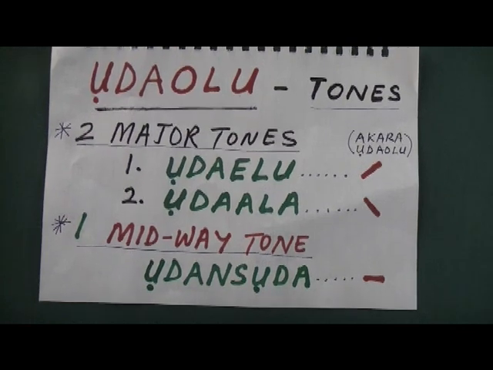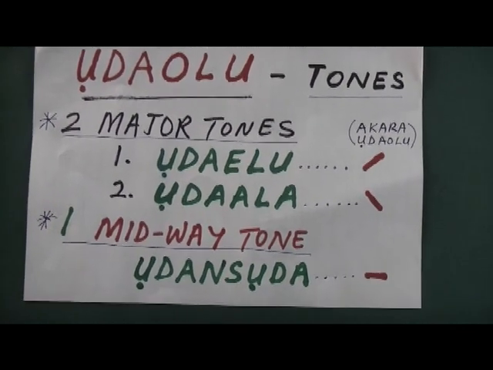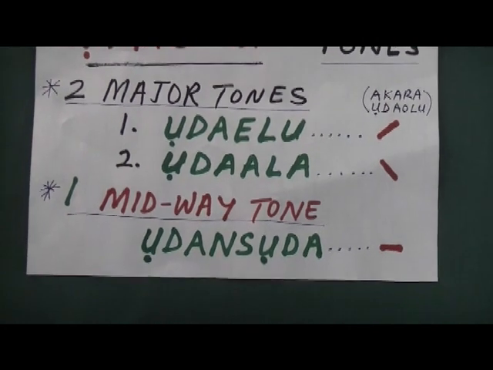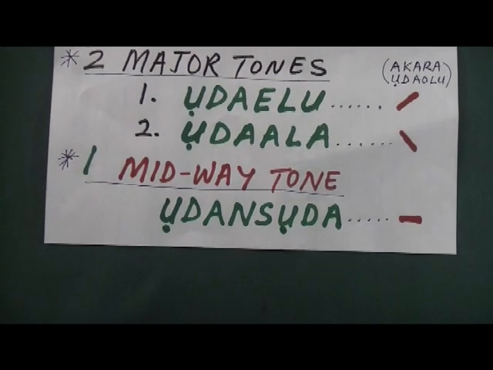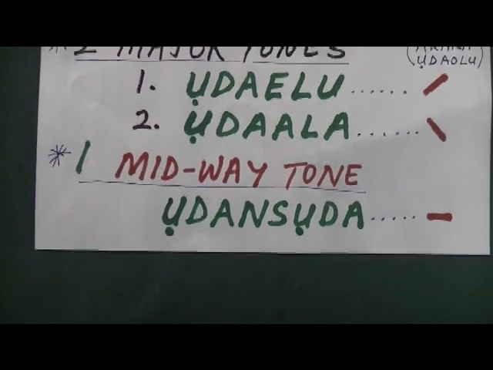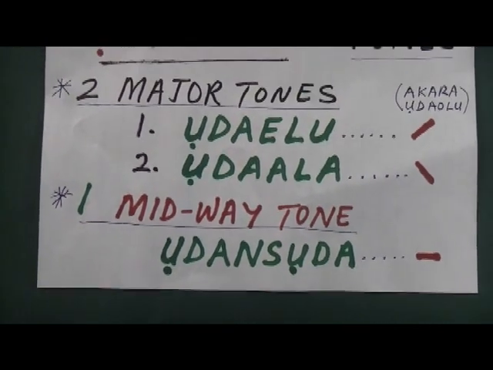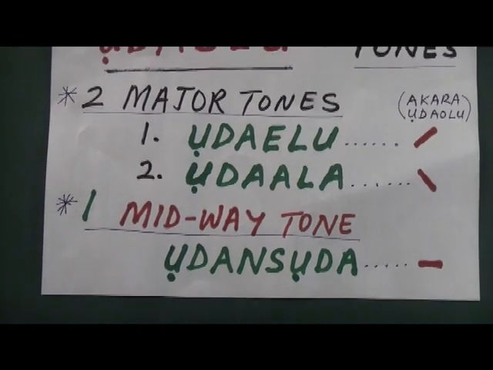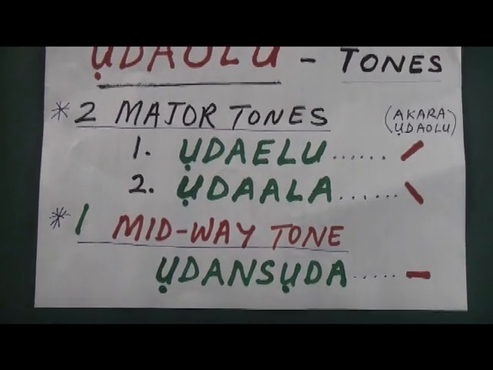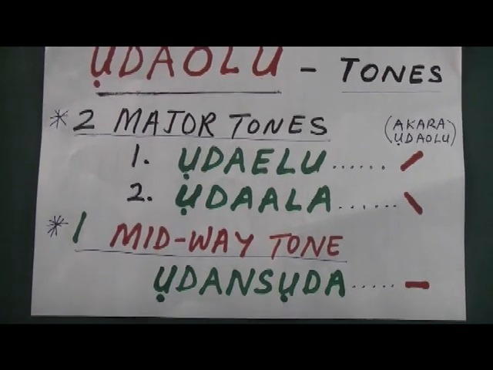There are two major tones in Asụsụ Igbo, Ụdaolu and Ụdala. There is one midway tone, you may call it the third one. That one is called Ụdansụda. These are tones used in pronouncing words so that somebody can understand exactly what you mean.